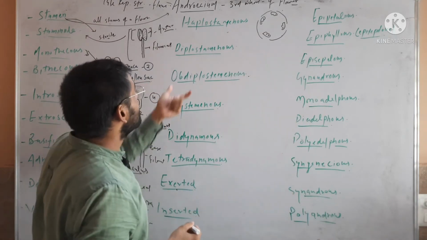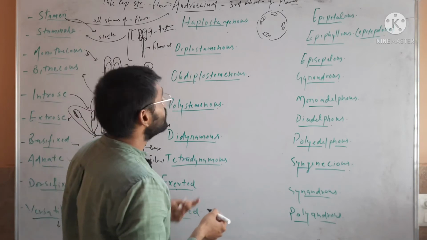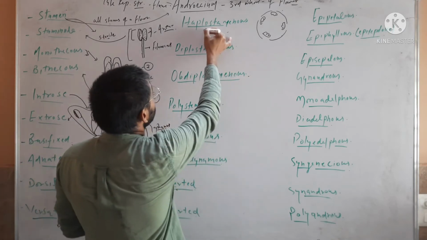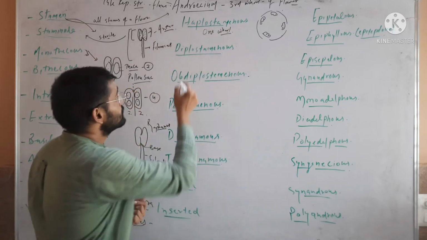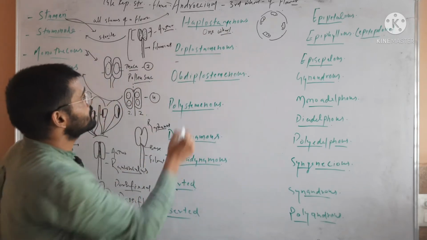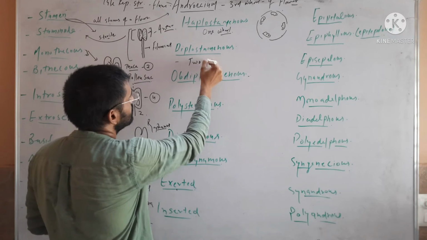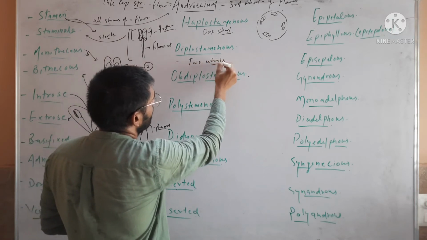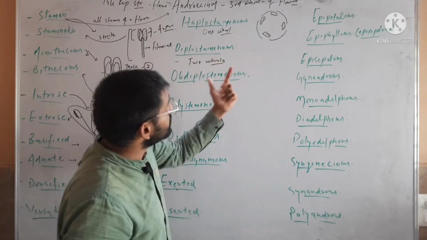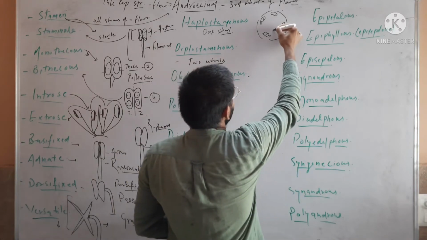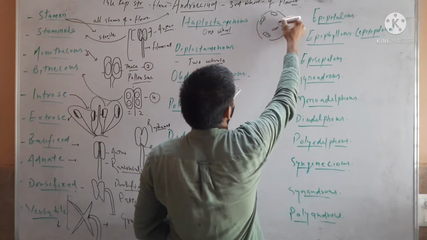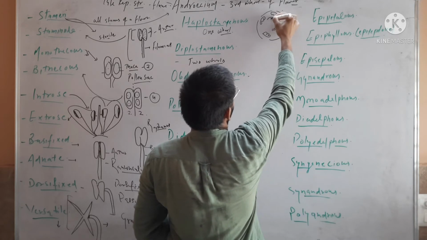And the next one is diplostamenous. When there are two whorls, in diplostamenous the outer whorl is alternate and the inner whorl is opposite, like this.